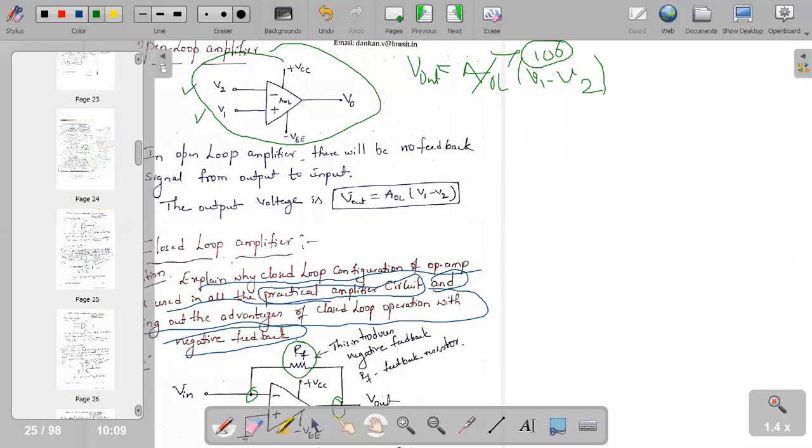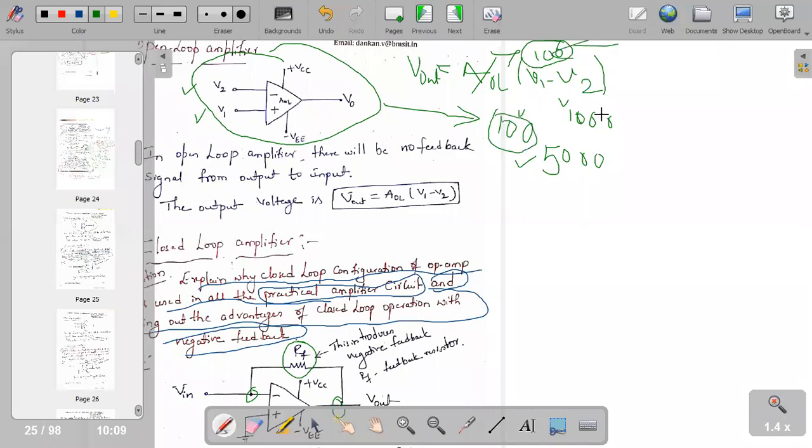Suppose I don't want a gain of 10 power 6. Say I want a gain of 100, or a gain of 1,000, or a gain of 500 or 5,000. These values are less than the maximum practically achievable gain, which is 10 power 6.